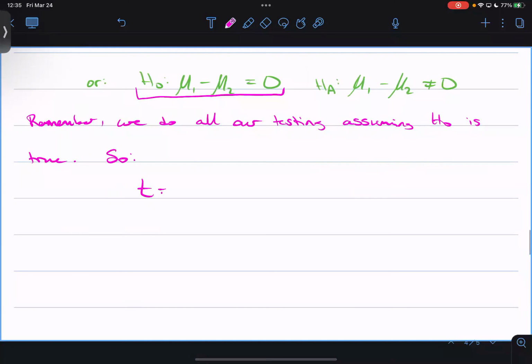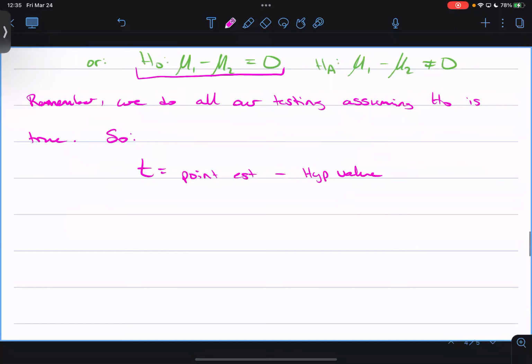So the T that we have, remembering the general setup, is the point estimate minus the hypothesized value divided by the standard error of the point estimate.